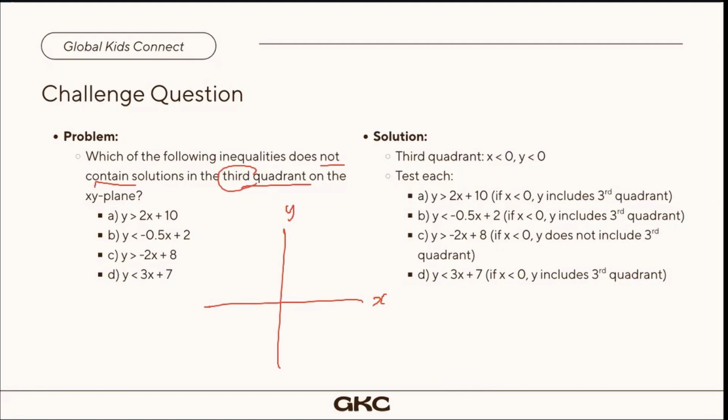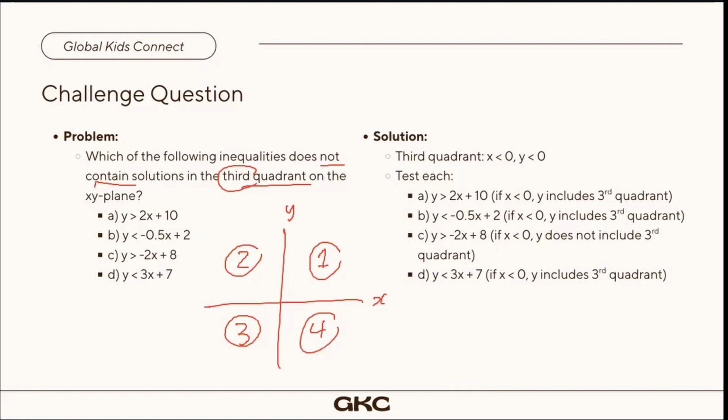We can divide each space, each square, as its own quadrant. So this space here will be our first quadrant. And then we will move in the counterclockwise direction to get this side being the second quadrant, and then below being the third quadrant, and then the last one being the fourth quadrant.